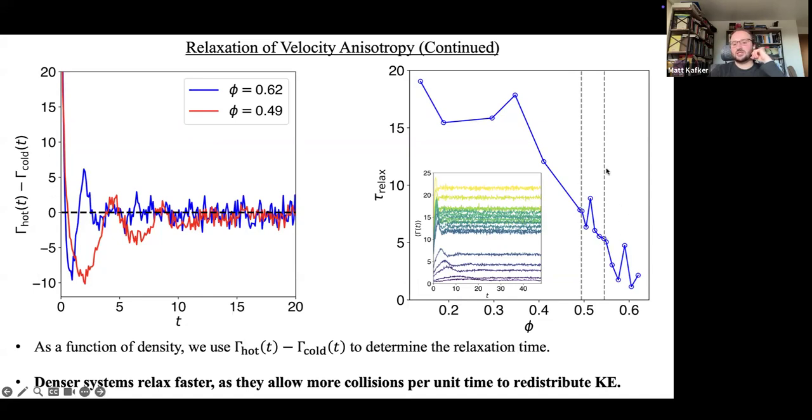And that could influence in detail the relaxation times here. And I think actually that will be the bigger source of uncertainty, or the bigger source of change of this curve, is the initial state that we're starting from. But the broad picture is certainly going to look like this.